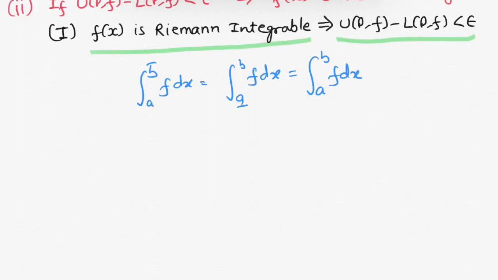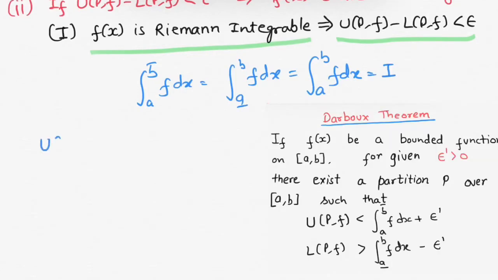Suppose this all equals some value capital I. And we know from the Darboux theorem that U(P,f) is less than the upper Riemann integral plus some positive value, suppose that positive value is epsilon over 2.